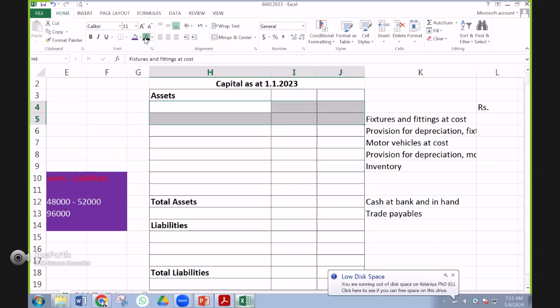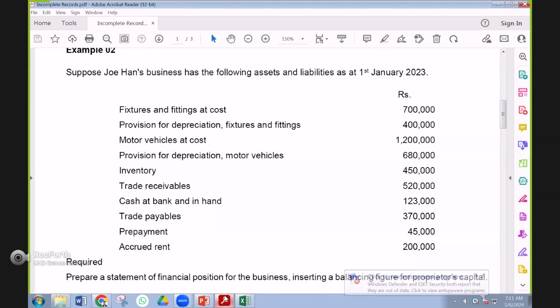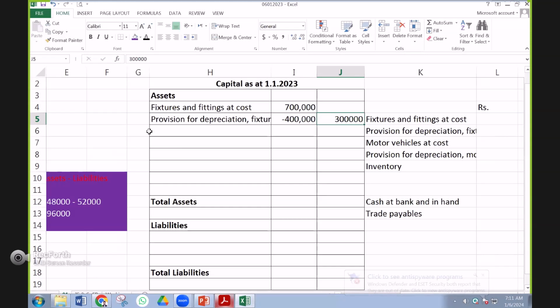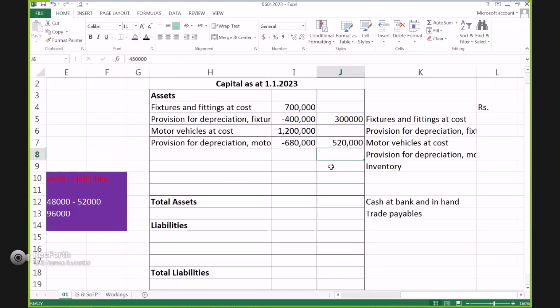Therefore, the fixtures and fittings 700,000 minus depreciation for the fixtures and fittings, sorry, 400,000. Therefore, the net amount 300,000. Okay. So the motor vehicle, like that, the motor vehicle cost and depreciation. So the net amount 520,000.